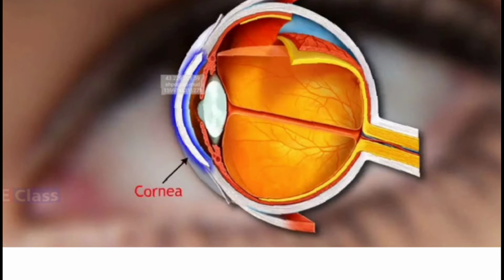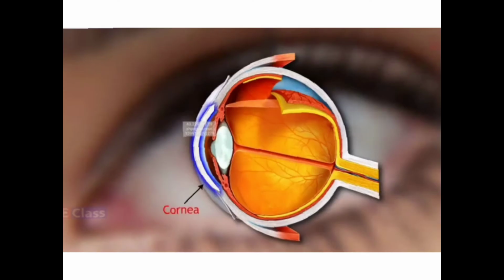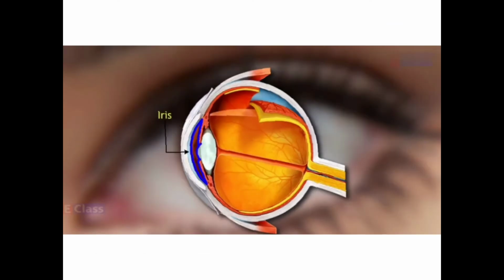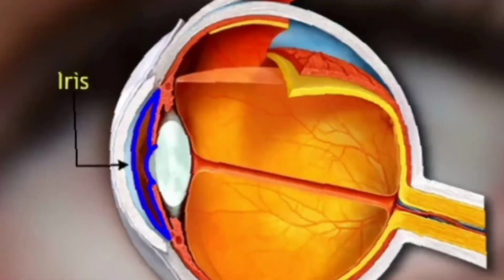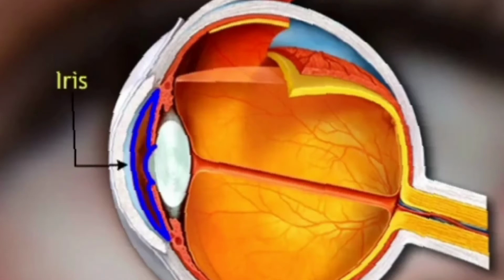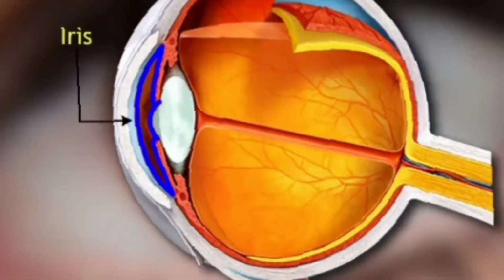Okay. Now just behind this cornea you have the dark fleshy screen. This is called the iris. Just behind the outer transparent part, the cornea, this part is called the iris.